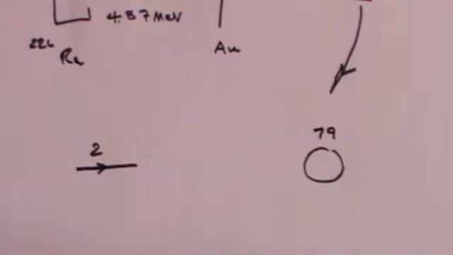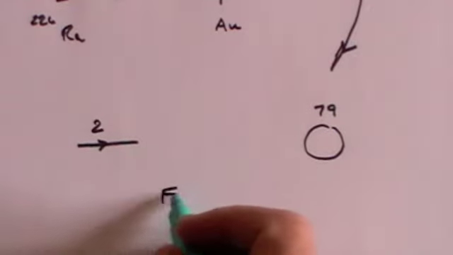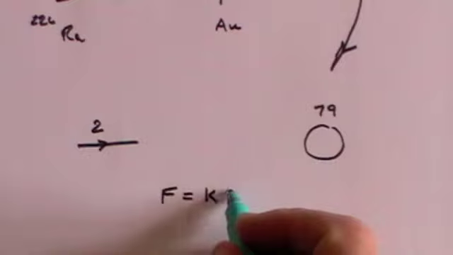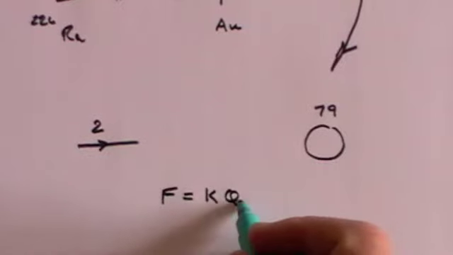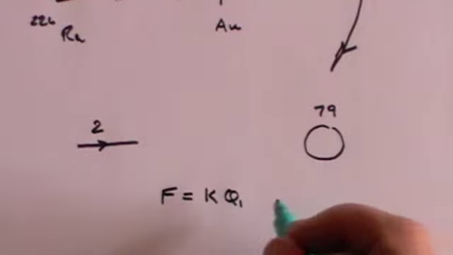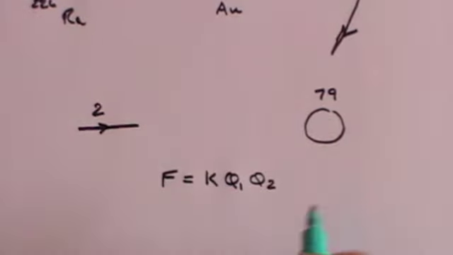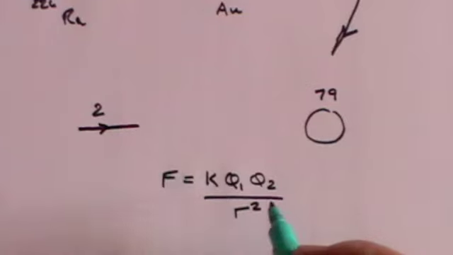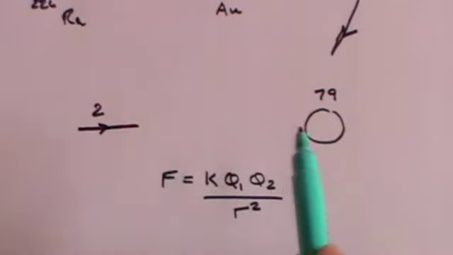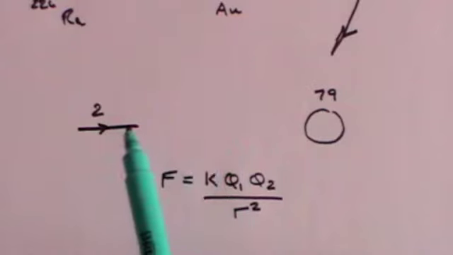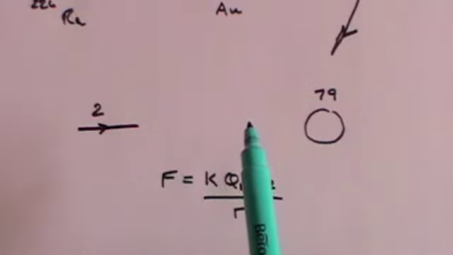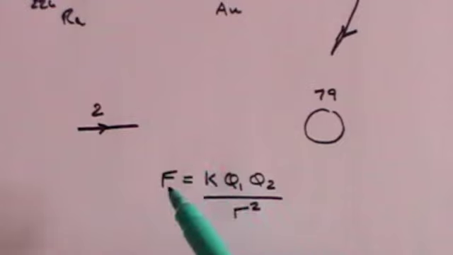There is therefore going to be a force between the two, and that force is equal to a constant times the charge on one particle, that's the alpha particle, times the charge on the other particle, that's the gold nucleus, divided by r squared, where r is the distance between the two. So as you get closer, as the distance between them decreases, the force between them will increase. And it's a force of repulsion.